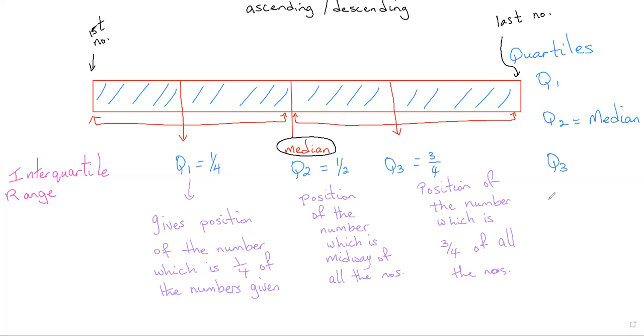Now, with statistics, we can break up our data into different parts, and in this case, we could call it quartiles. So quartiles are basically parts of a group of numbers.